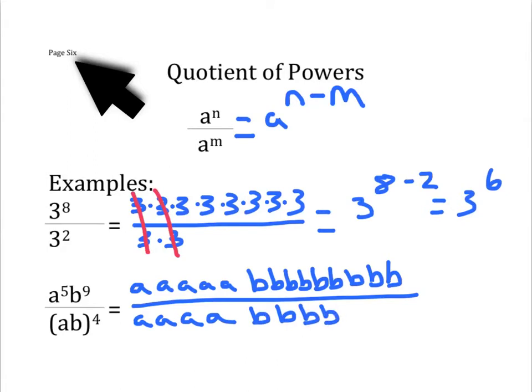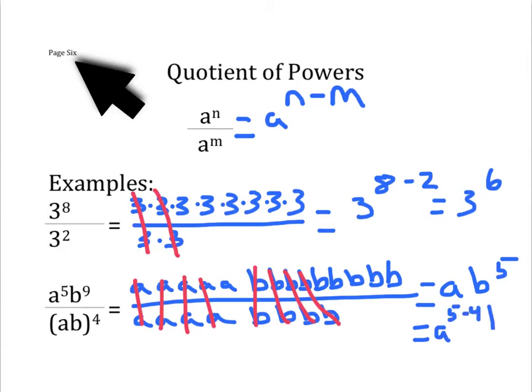So then when we cancel those out, we see those a's cancel, and we have 1, 2, 3, 4 of the b's cancel, so that all that we are left with is a, b to the 5th. And that easily could have been solved as a to the 5 minus 4, b to the 9 minus 4. And that would have given us the same thing. 5 minus 4 was 1, and 9 minus 4 was 5.